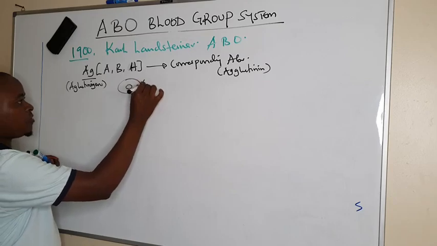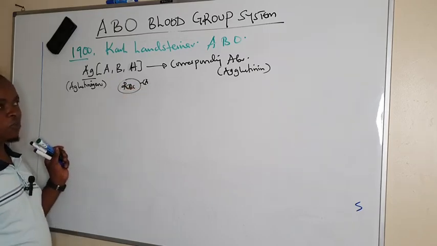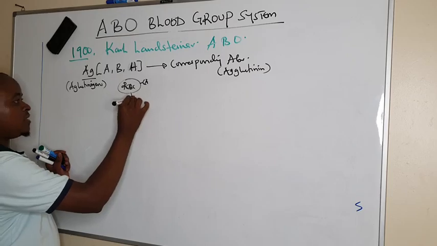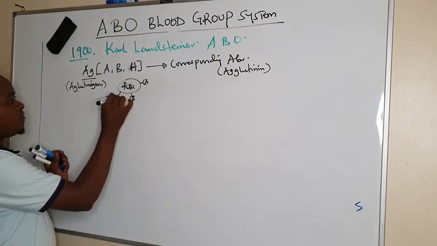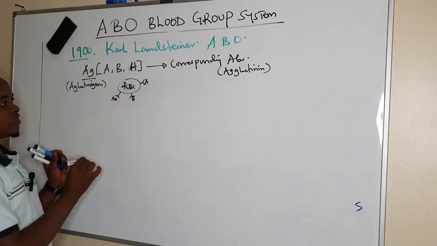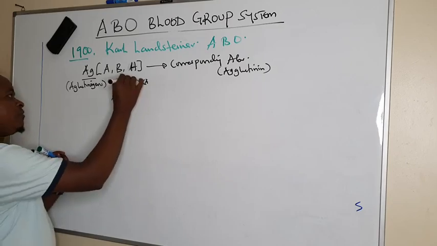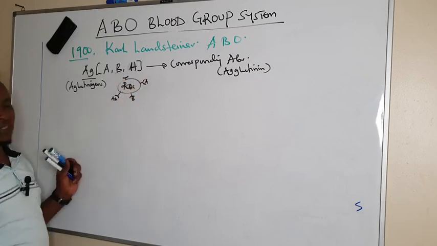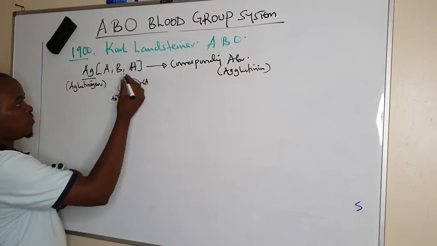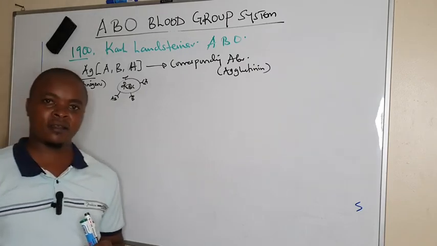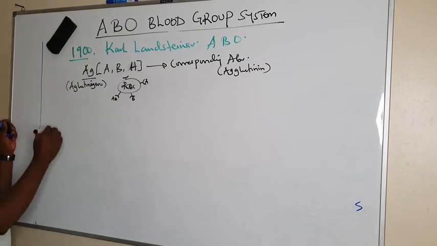If we find antigen A on the surface of RBC, that is blood group A. If you find antigen B on the surface of RBC, that becomes blood group B. When you find antigens A and B on the surface of RBC, it becomes blood group AB. And if there is an absence of antigen on the surface of the red cell, that becomes blood group O.